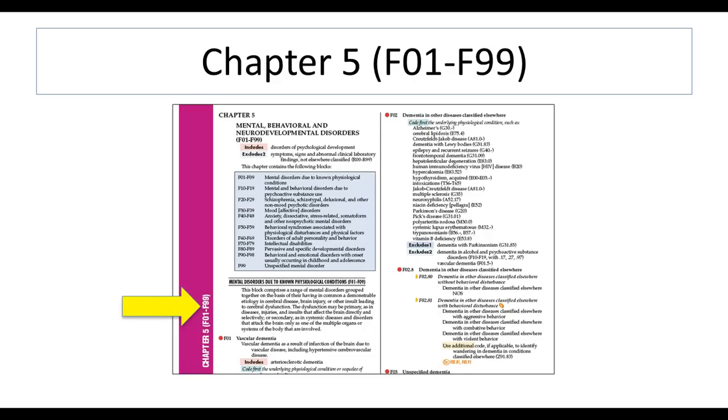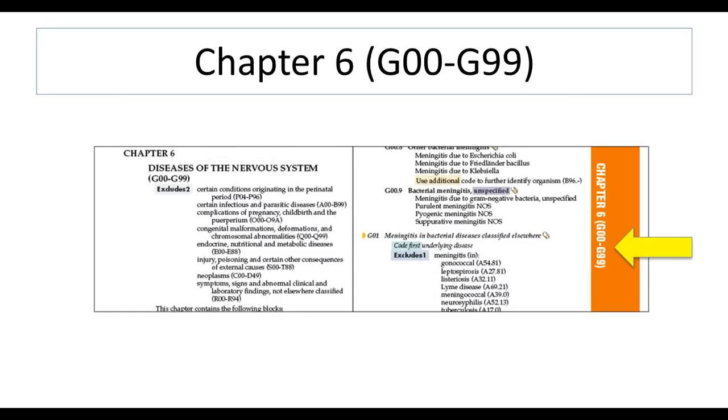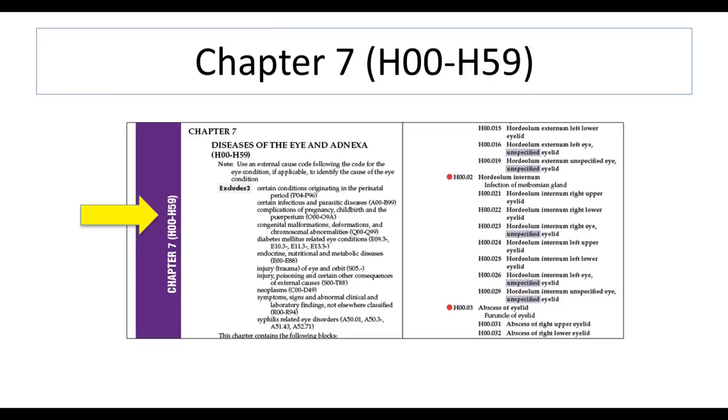Chapter 5 is labeled F01 through F99. Chapter 6 is labeled G00 through G99. Chapter 7 is labeled H00 through H59.